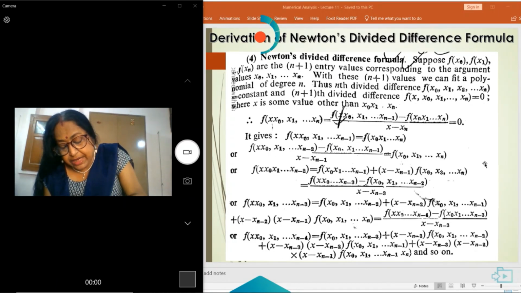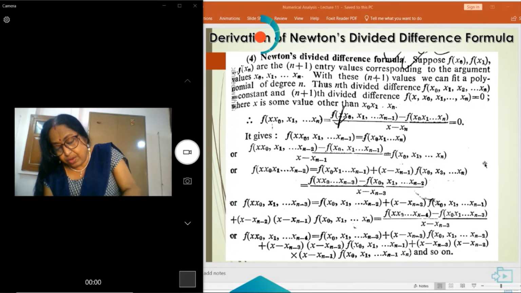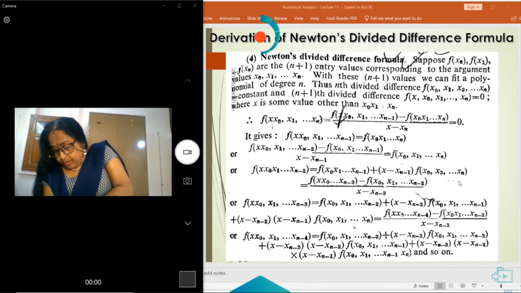When this is equated to 0, we will get the second line, and this way we can derive Newton's divided difference formula. How to apply Newton's divided difference formula you all know, from what I taught in the last example. So today was how to derive Newton's divided difference formula.